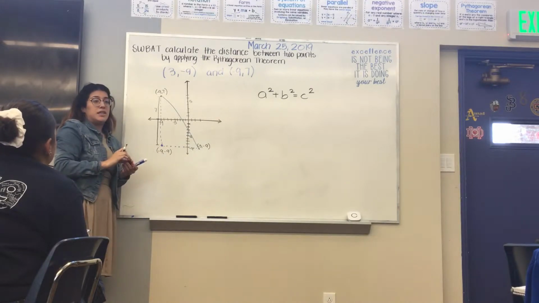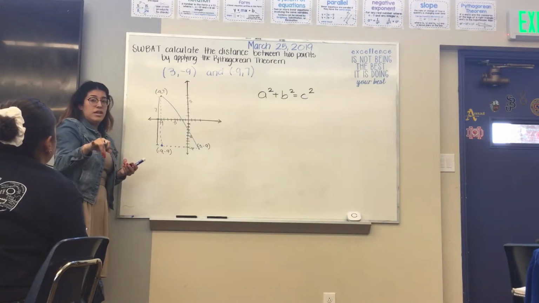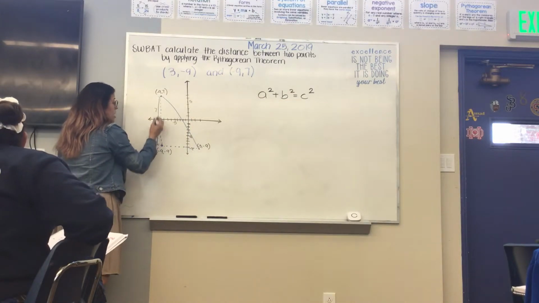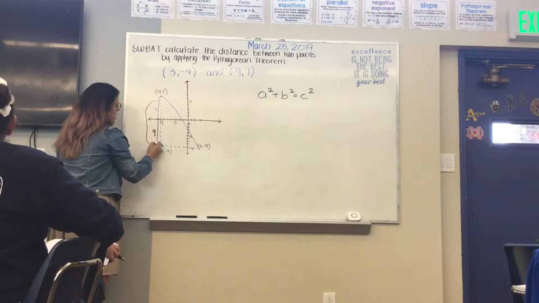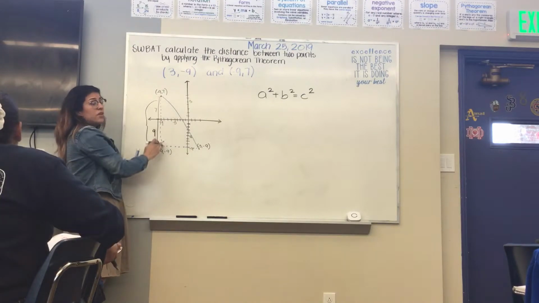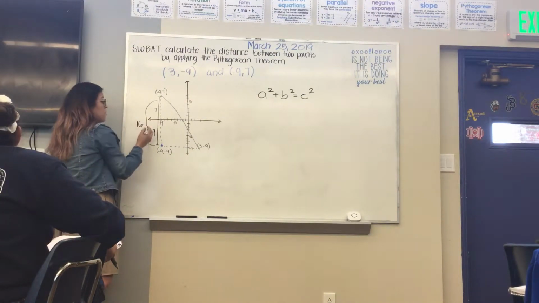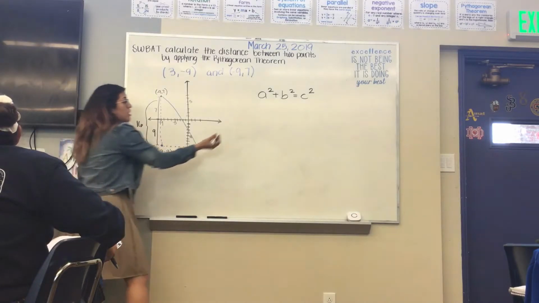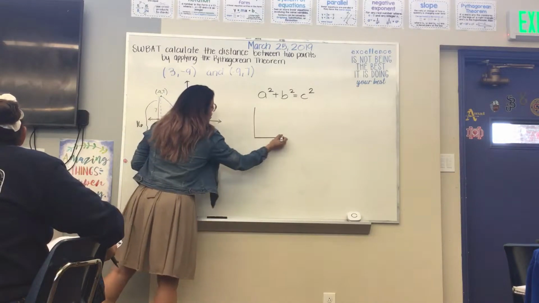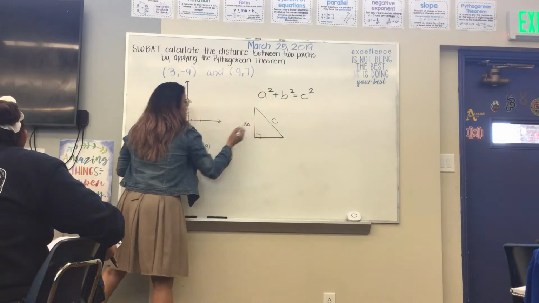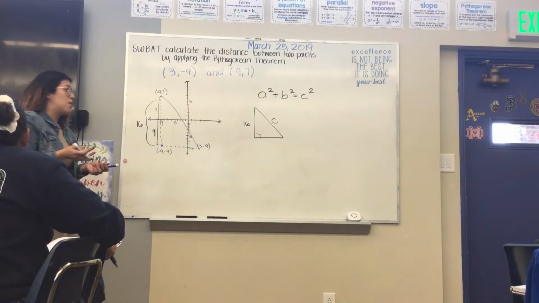How many spaces? 9. So it's positive 9 because we're moving. Now we add it all together because that's the total of the leg. 7 plus 9 is 16. So our first leg, if this was a right triangle where we have to find C, would be 16 spaces or units apart.